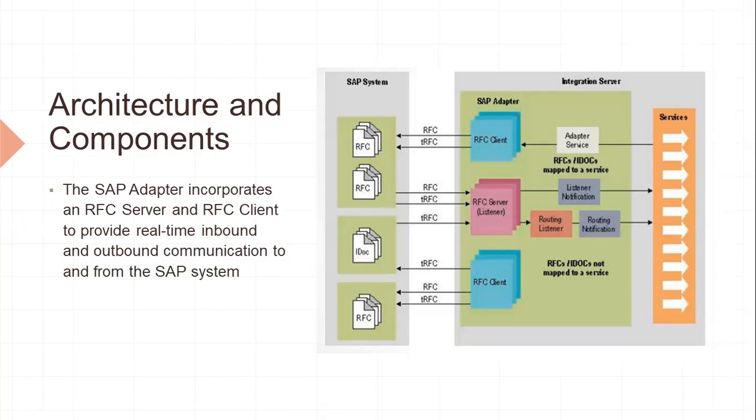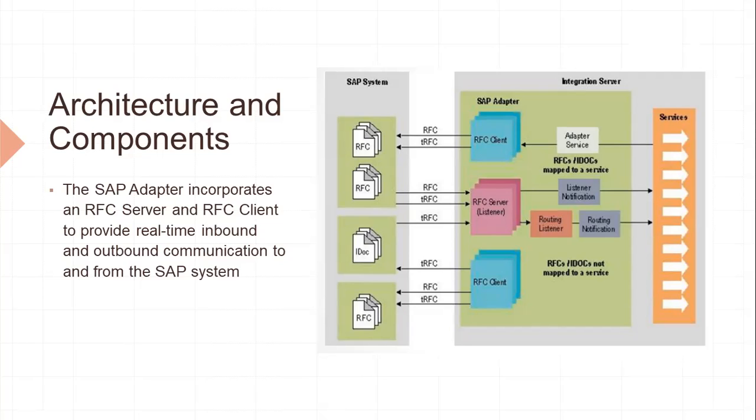That uses listeners, RFC listeners, RFC routing notifications, and all those things. So the SAP adapter incorporates an RFC server and RFC clients to send real-time inbound and outbound communications to and from the SAP system.